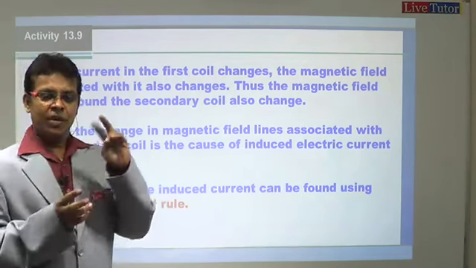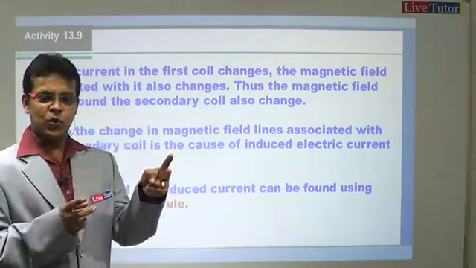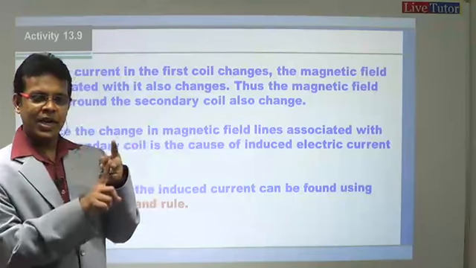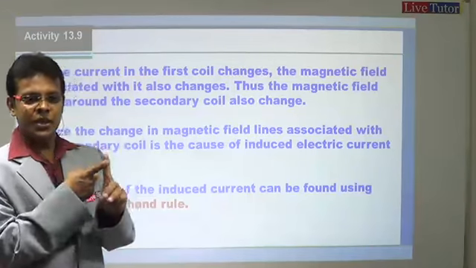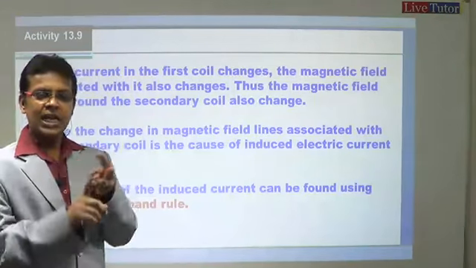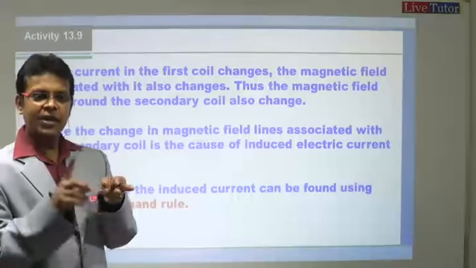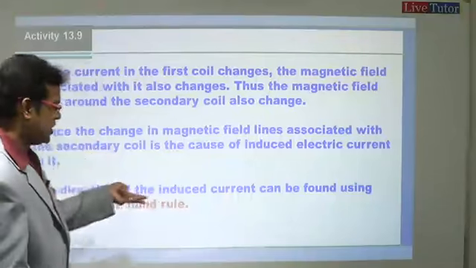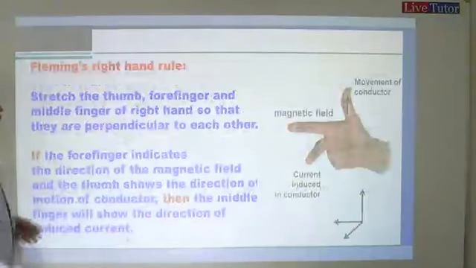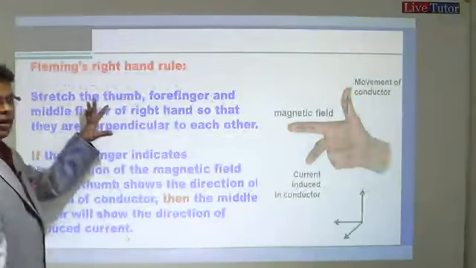In the previous case, we took the direction of current and direction of magnetic field as the first two, and force is the third. Now we are going to take the direction of magnetic field and the direction of force first, and finally give importance to the induced current. So this is how you have to write the rule.